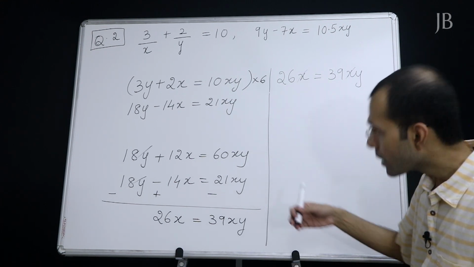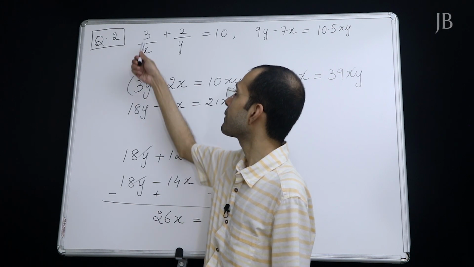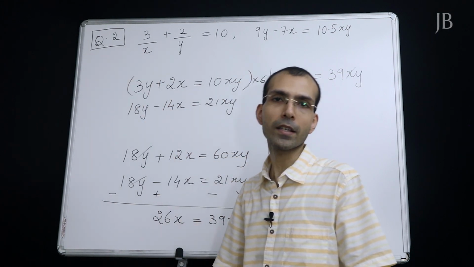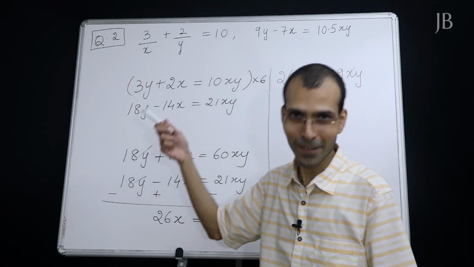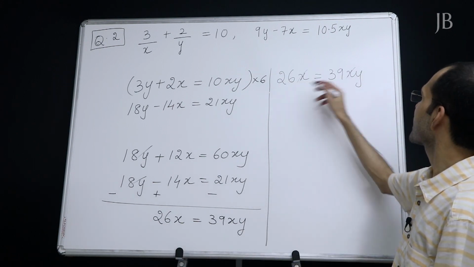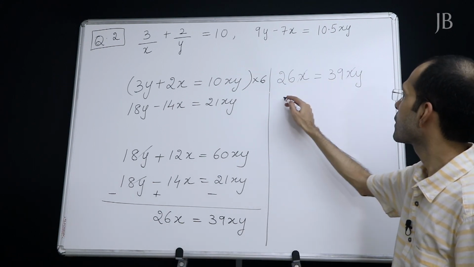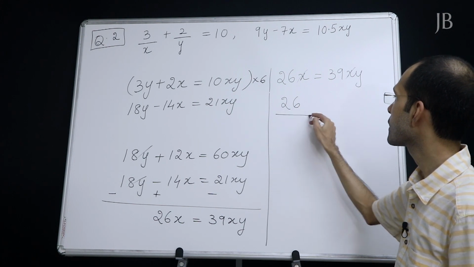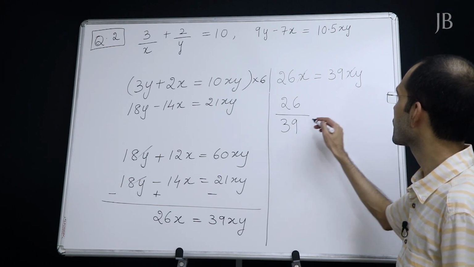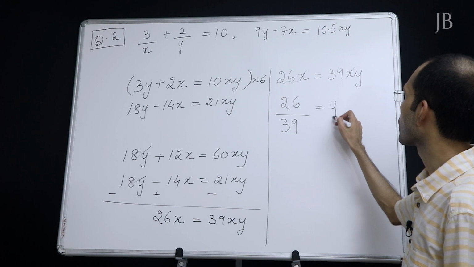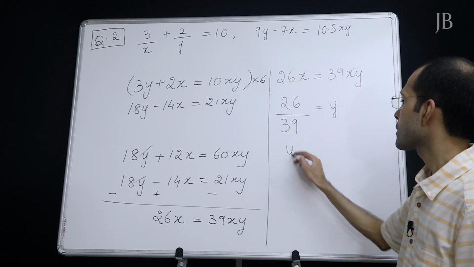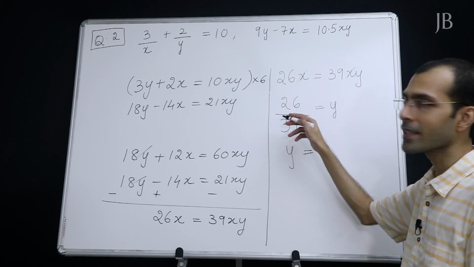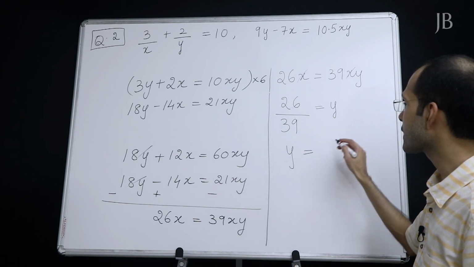Why? If x is 0, you will have 3 upon 0. 3 upon 0 is not defined, the equation cannot exist. Okay. So we can cancel x and x. Now this will be 26 upon 39 is equaling y. So y will be, we can cancel with 13, 13 2s are 26, 13 3s are 39.